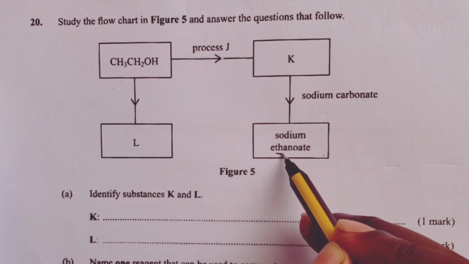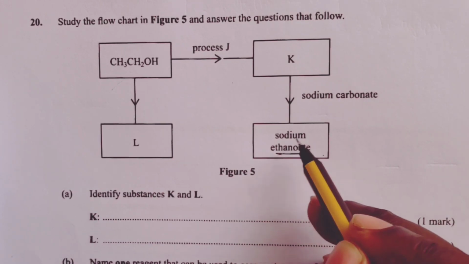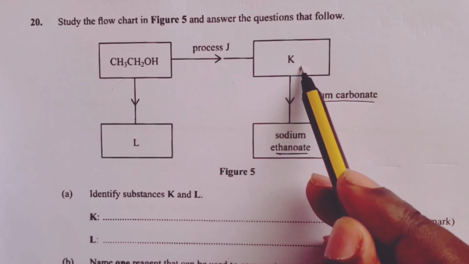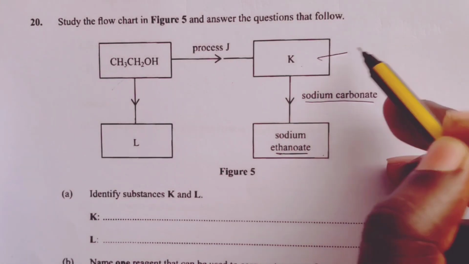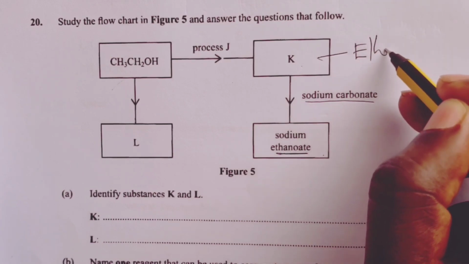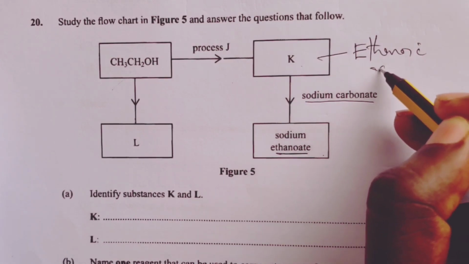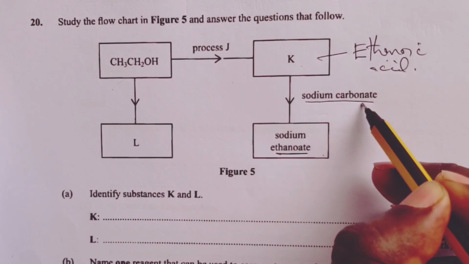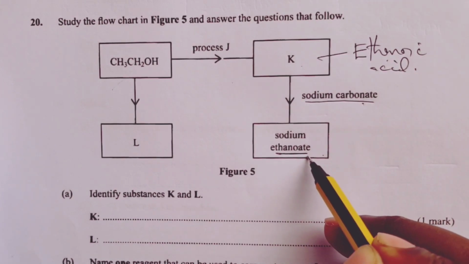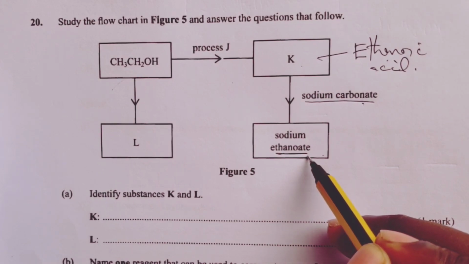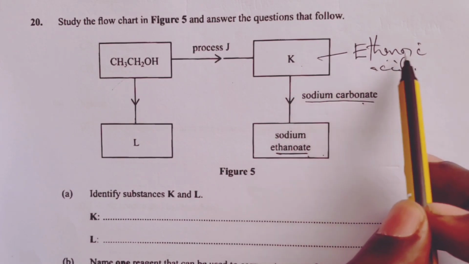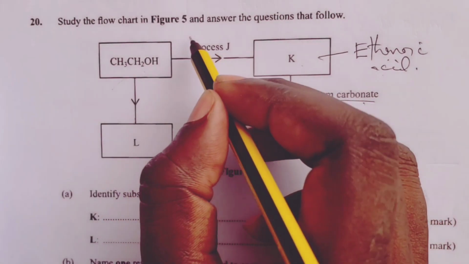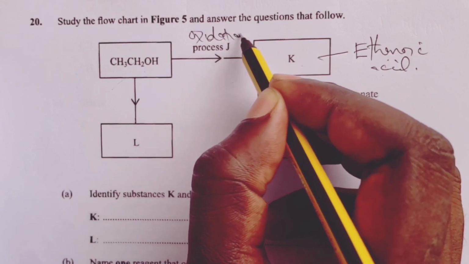So we have sodium ethanoate here, which we get when we react sodium carbonate with substance K. Substance K is obviously ethanoic acid. Alkanoic acid will react with the carbonate to give the salt, sodium ethanoate. Then we are now obtaining ethanoic acid from ethanol. Process J now becomes oxidation.